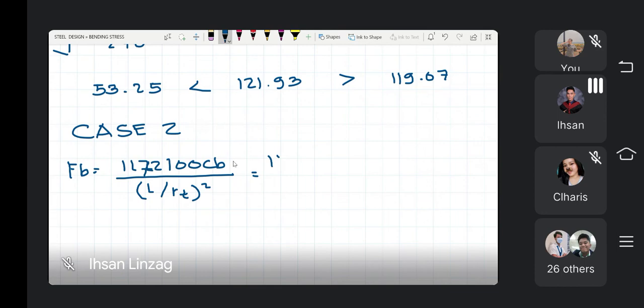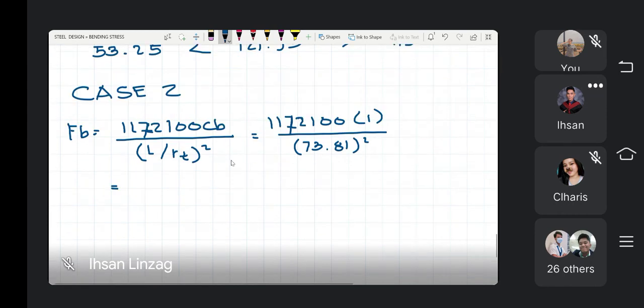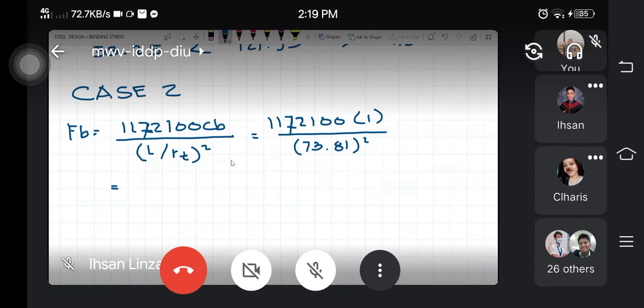So 1172100 times 1 all over 73.81, yun na yung LRT natin, squared. So what is our FB? Na una? 215.15, sir.